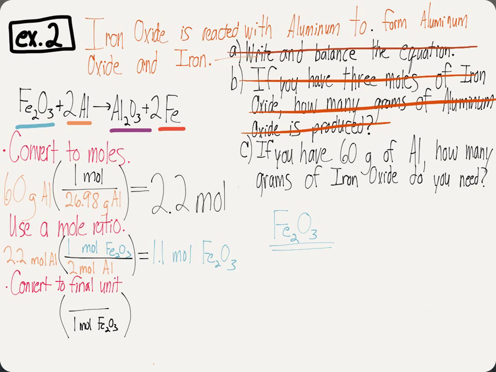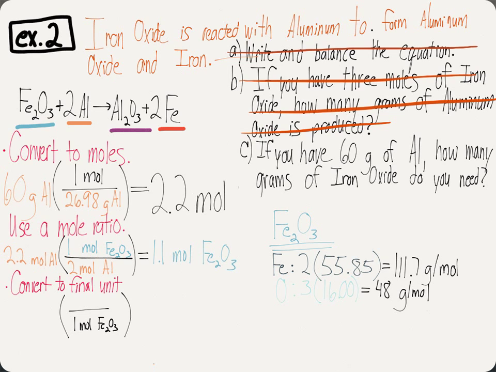We need to find our molar mass of iron oxide, so we refer back to our periodic table. If we have 2 atoms of iron and the molar mass of iron is 55.85, we get an answer of 111.7 grams per mole. If we have 3 atoms of oxygen and its molar mass is 16 grams, we do the math and we get 48 grams per mole.